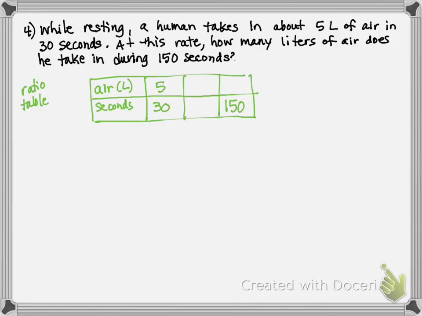And remember what I talked about before with our ratio tables is that sometimes they give us all these extra columns. Sometimes we can go directly from what we have to our target number. And this is one of those cases. If I multiply 30 by 5, that gives me 150. So if I multiply 5 by 5, that's going to give me my mystery number of 25.